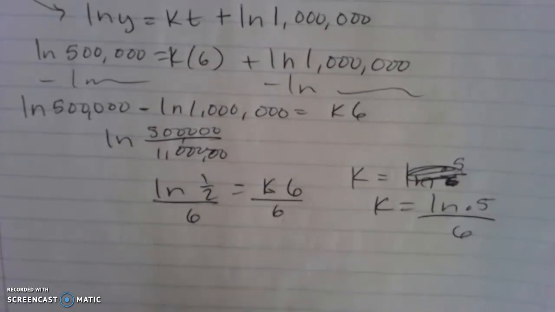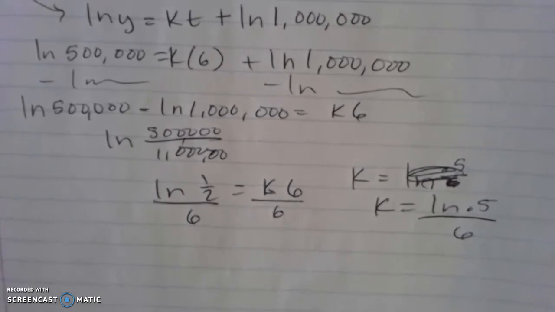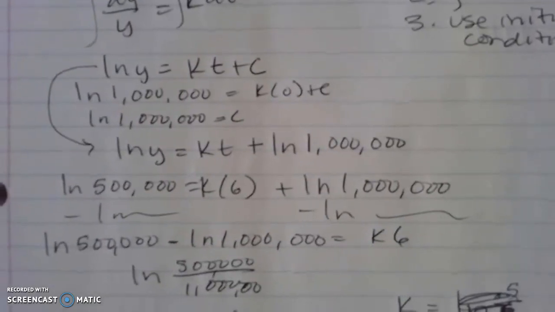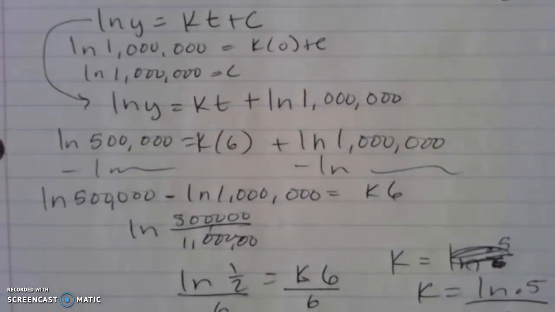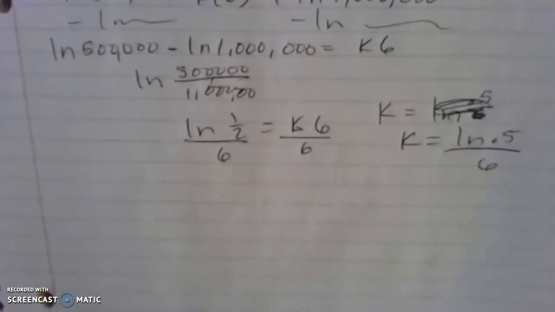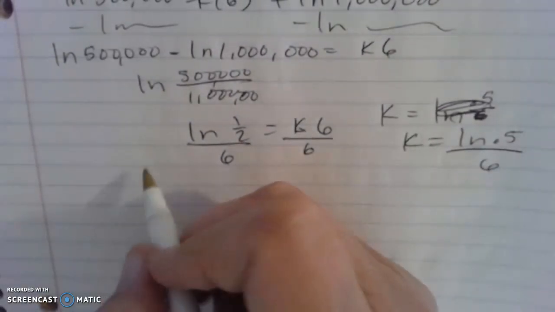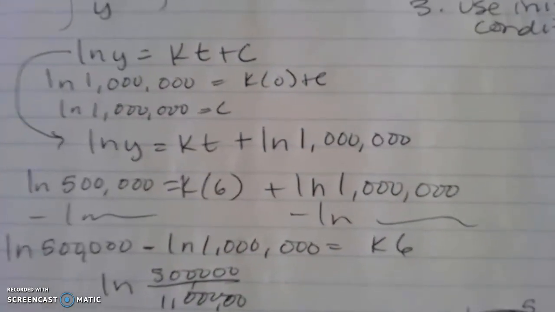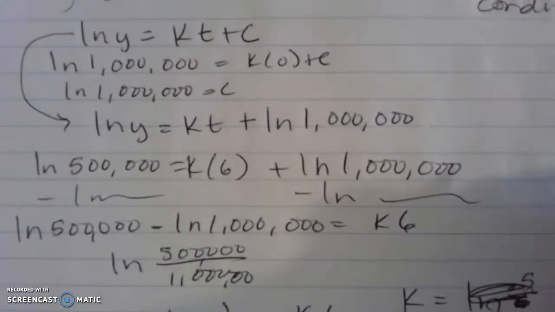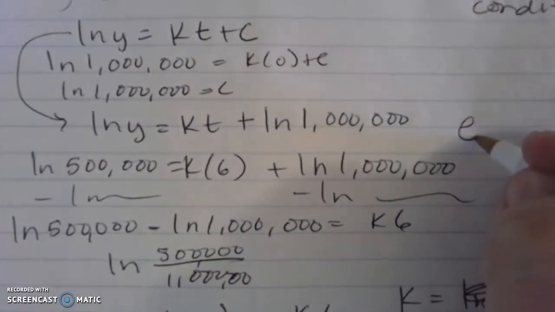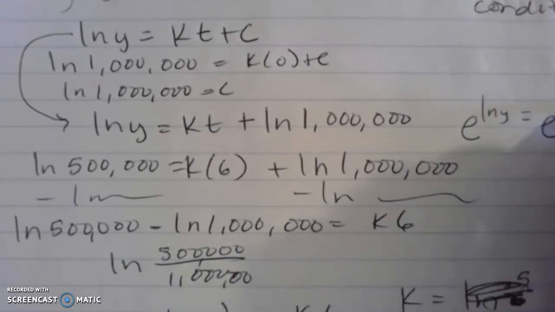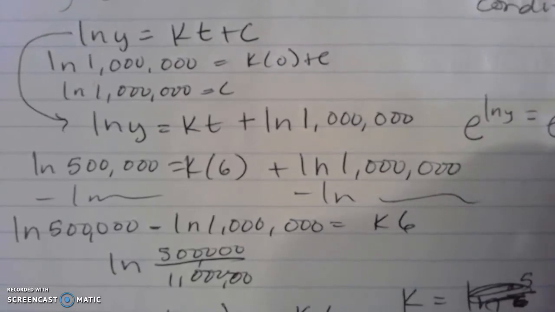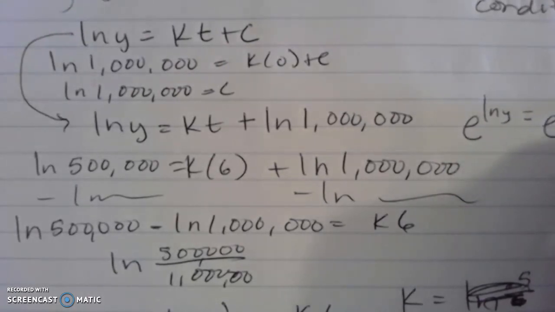So now we can go write our original equation. Actually, my original equation, I can write it a little bit better than that, because here I could take e to both sides. e to the ln y equals e to the kt plus ln 1 million.